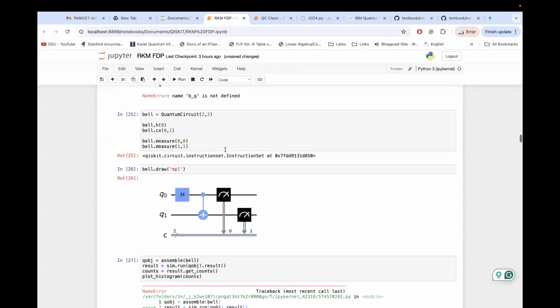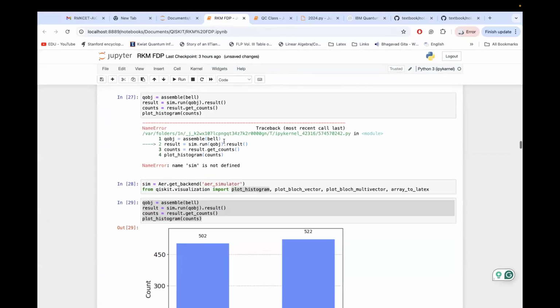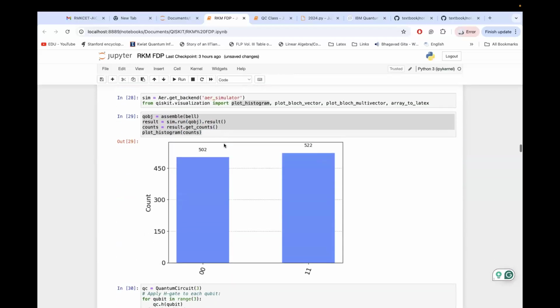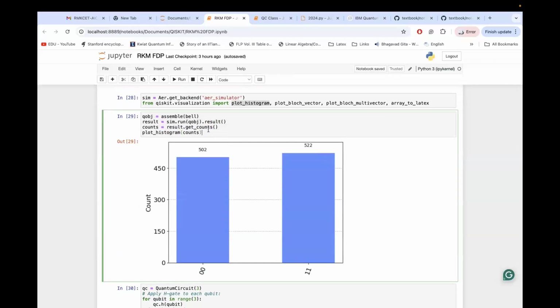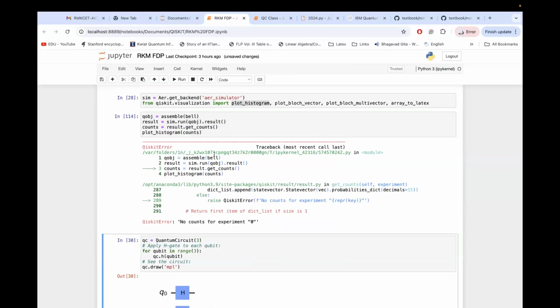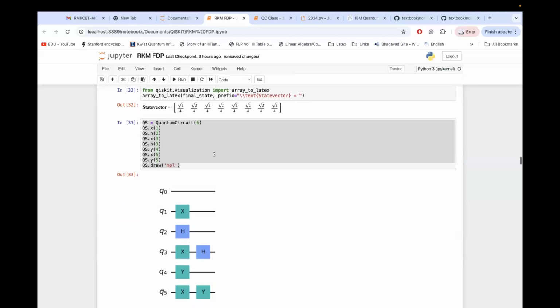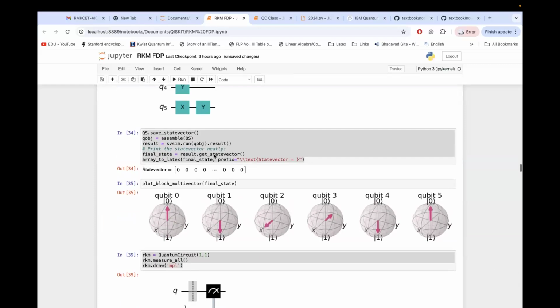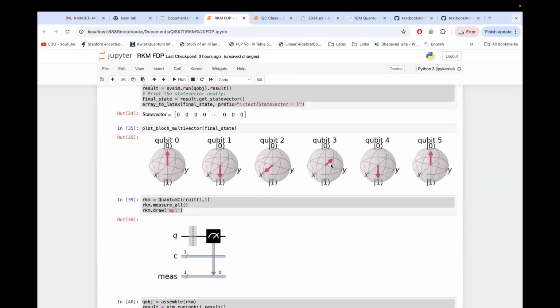So once we store the information in the classical register, we can visualize the system in multiple ways. One possible way is to look at this histogram, and we have seen it is a probabilistic thing. If you run this multiple times, that histogram pattern will be changing. Then afterwards, we witnessed another visualization package called the Bloch vector representation.